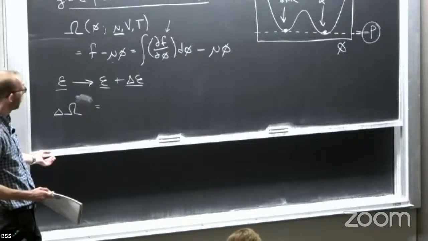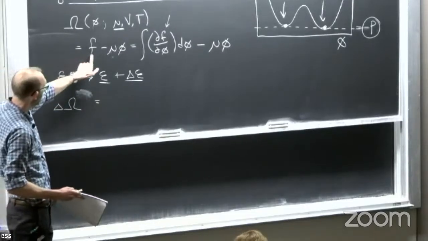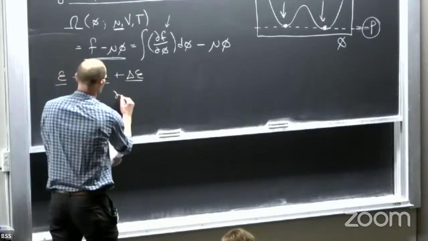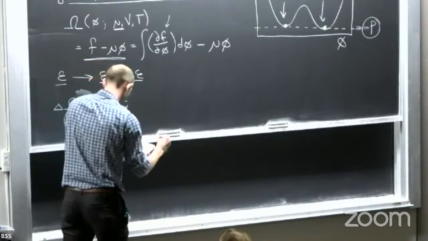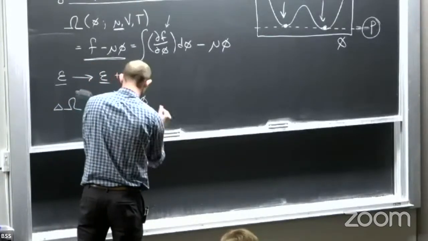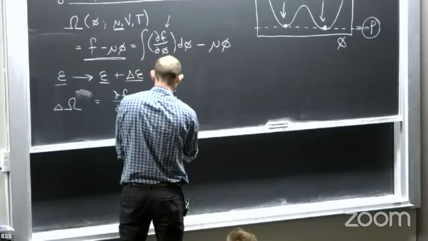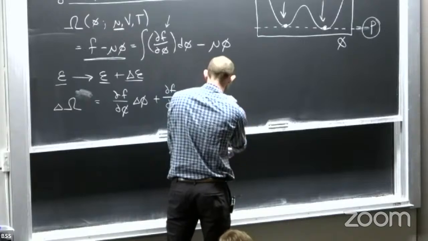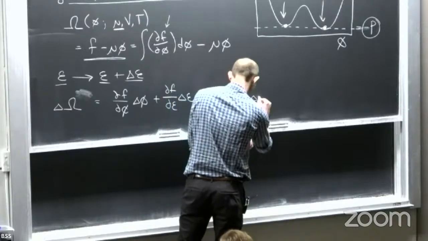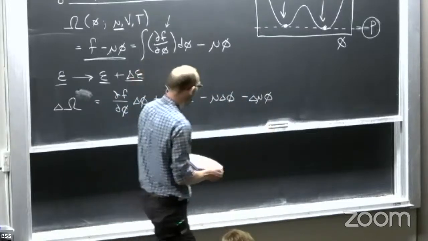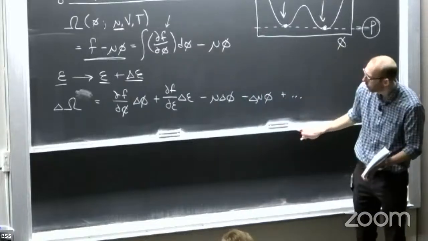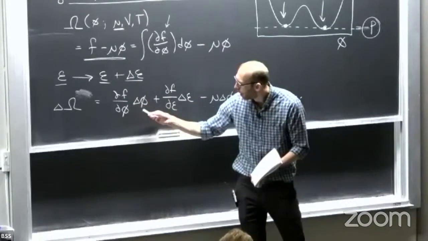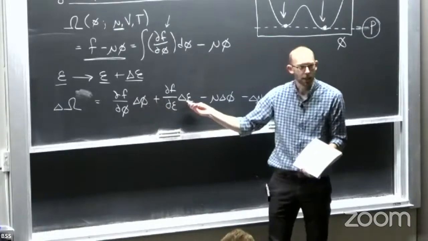Okay, so to lowest order, I'm going to have variations in all 3 of these things here, right? So to lowest order, this is what I have. My free energy depends on the concentrations or volume fractions and these energies, right?